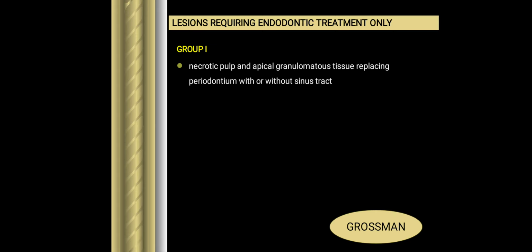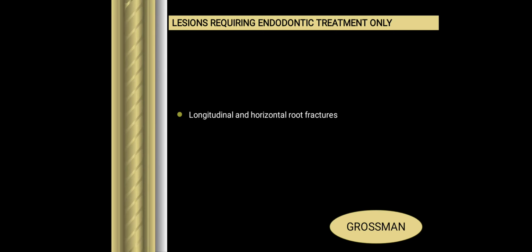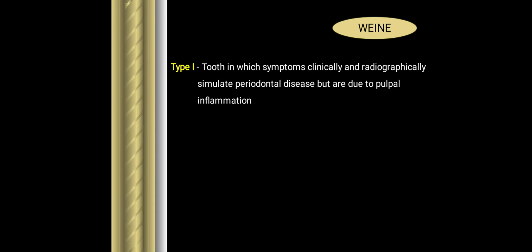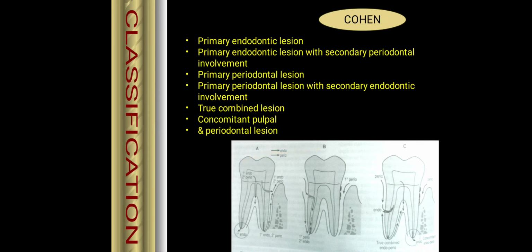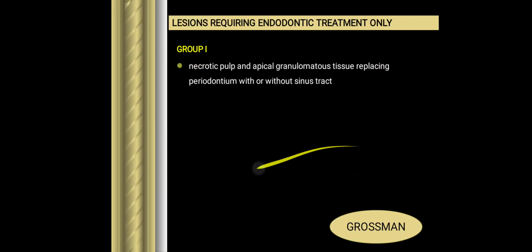Classification given by Grossman: lesions requiring endodontic treatment only, lesions requiring periodontal treatment only, and lesions that require both. In group 1, necrotic pulp and apical granulomatous tissue replacing the periodontium with or without a sinus tract.